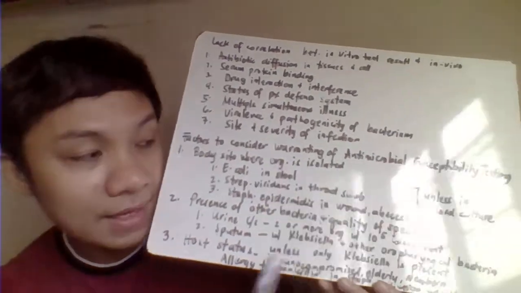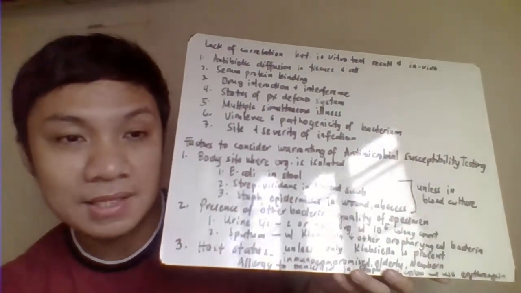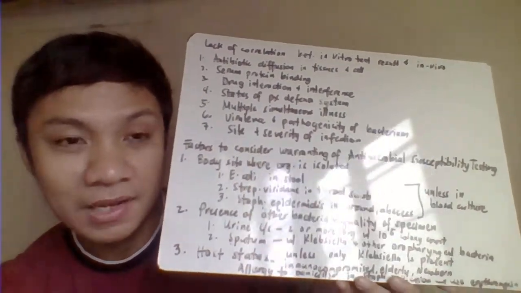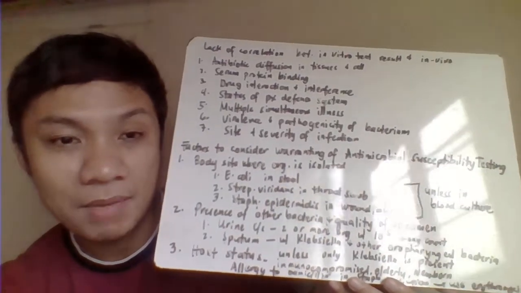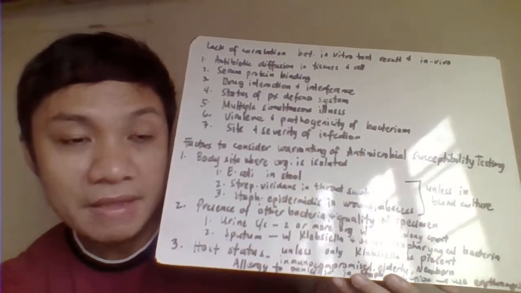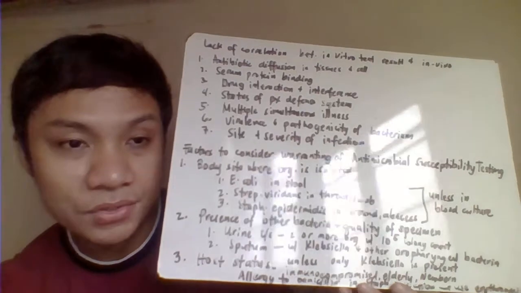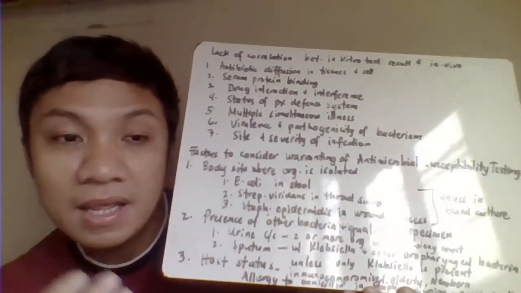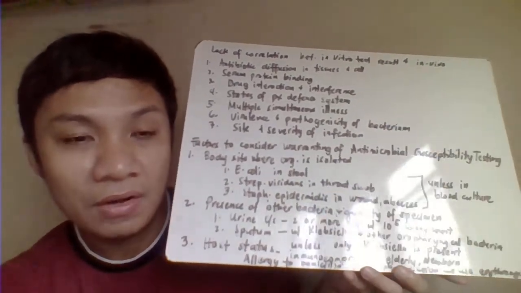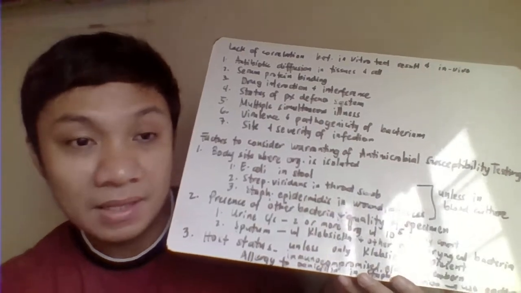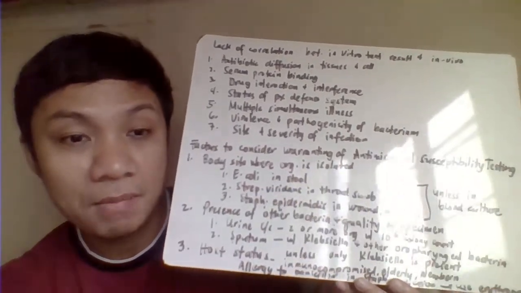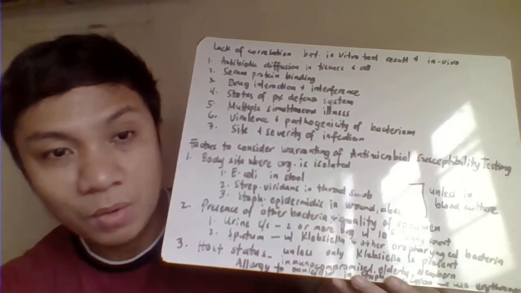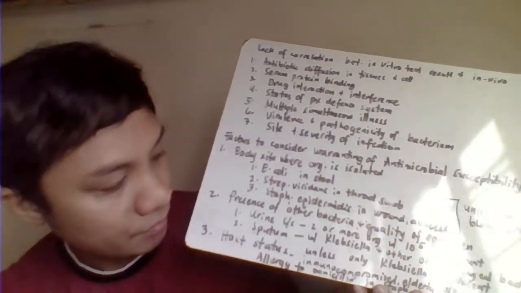Not unless ang lahat ng ito ay na-isolate natin sa blood culture. Okay, remember that our blood is sterile for our bacteria. Dapat walang bacteria ang ating blood. So if, for example, you perform the blood culture and you try to isolate any other organisms, okay, pathogenic bacteria, then that would signify here that you need to perform your antimicrobial susceptibility testing because that one is a true infection.